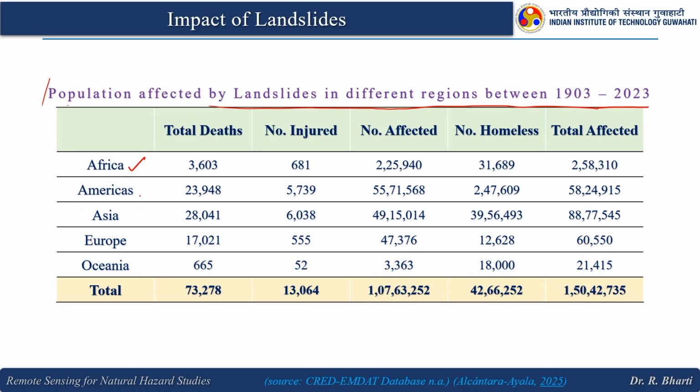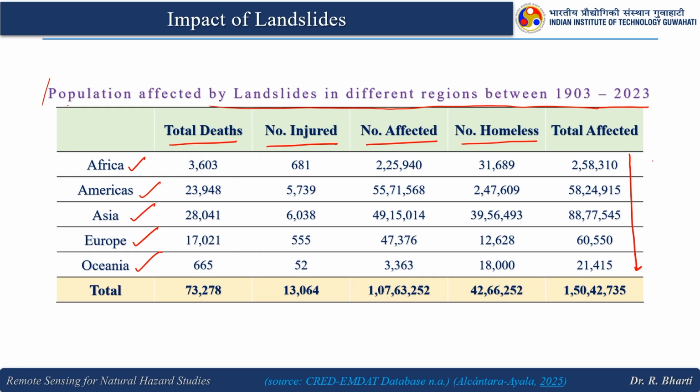When we talk about the population affected by landslide in different regions between 1903 to 2023, Africa, America, Asia, Europe, Oceania, here you can see the total affected, number of homeless, number of injured, total deaths. So the number is huge.